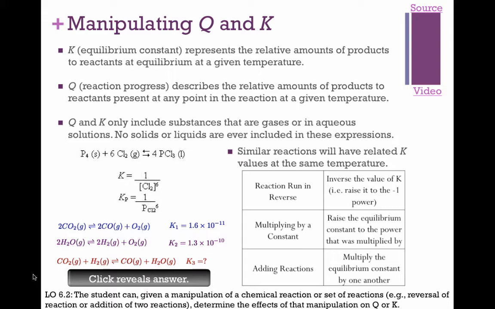Then what do we do to the bottom reaction? Divide it by 2 and flip it. So we divide by 2 and flip it, which means we're doing 1 over 1.3 e to the negative 10 to the 1/2 power. And then we add these together, and we cancel everything out. What do I have to do with my Ks now? Multiply them.